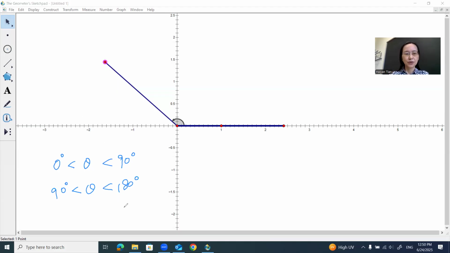If it's more than 180 degrees but less than 270 degrees, it is in the third quadrant. And if it's more than 270 degrees but less than 360 degrees, it's in the fourth quadrant.